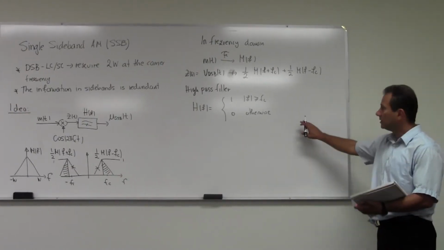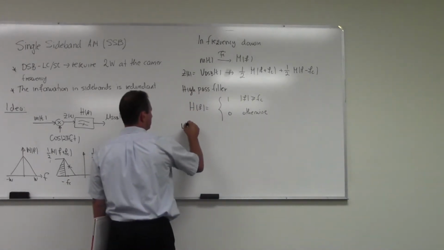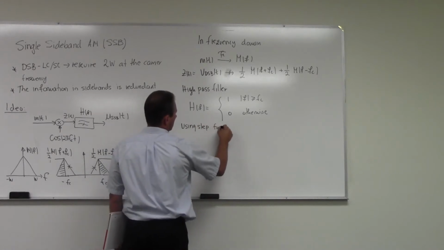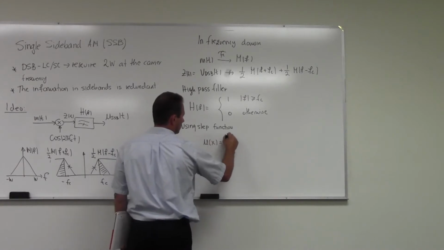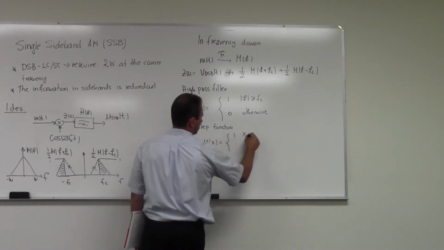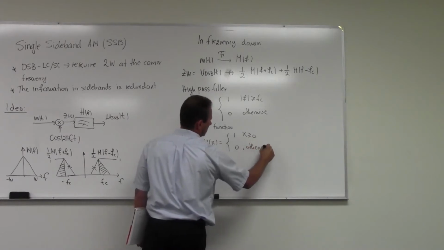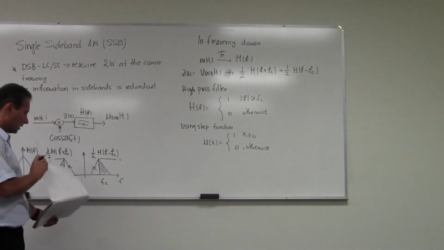Now I can express this in a more convenient way using a step function, which is defined as u of x is equal to 1 when x is greater than 0, and 0 otherwise. I can express this filter characteristic as follows.